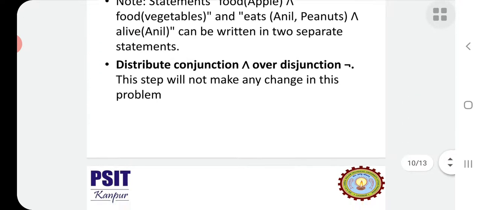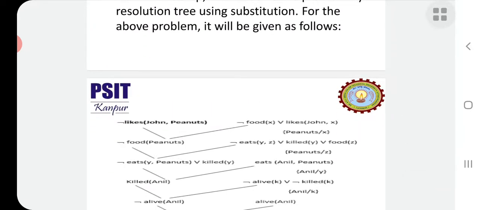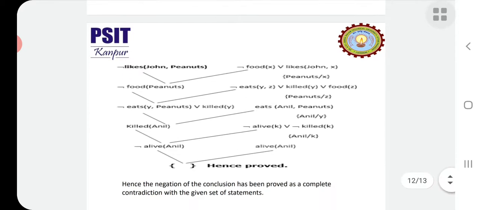Now you have to check whether likes(John, peanuts) or a similar statement is present without negation. So this statement is given. In this case, the negated likes(John, ...) and this likes(John, ...) will both be cancelled out. So the remaining part will be food(peanuts).